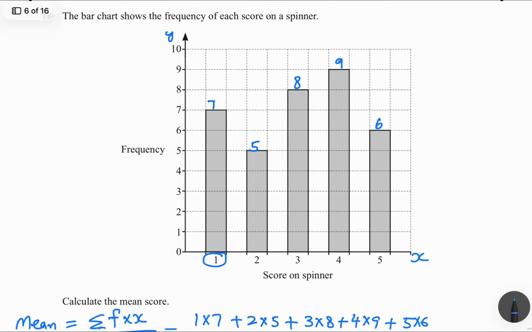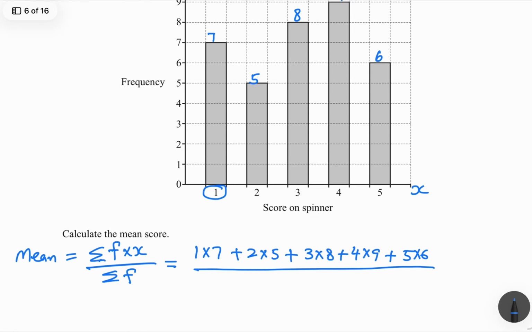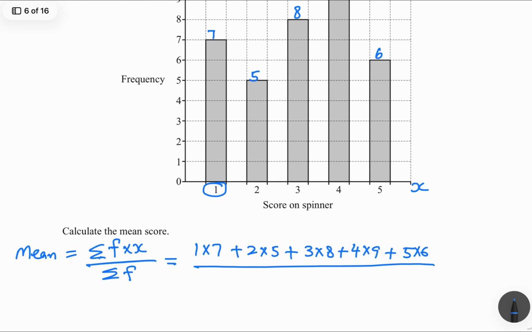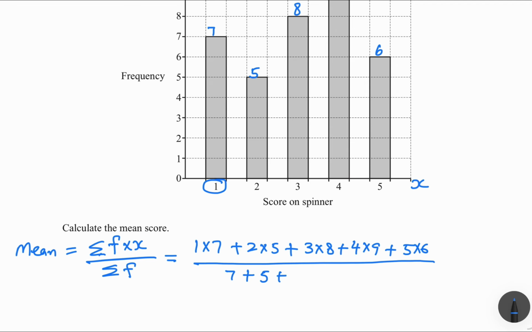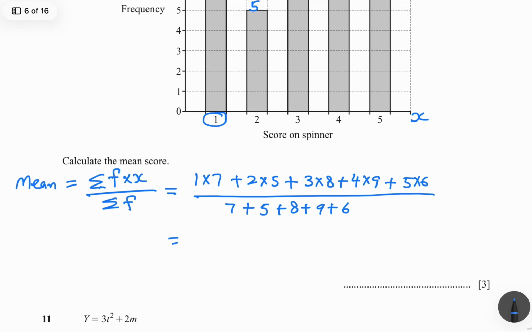We can add them: 7 plus 5 plus 8 plus 9 plus 6, right? Then we just calculate it. This comes out to be 107 over 35. Because this is a calculator paper, we can easily calculate everything. To 3 significant figures, I will write down here 3.06, right?